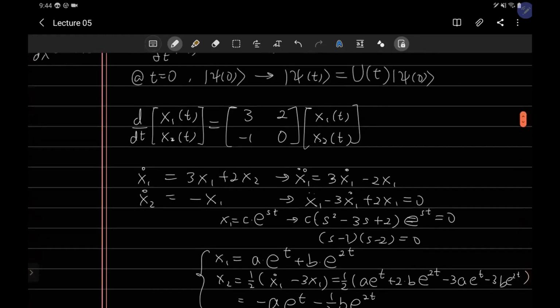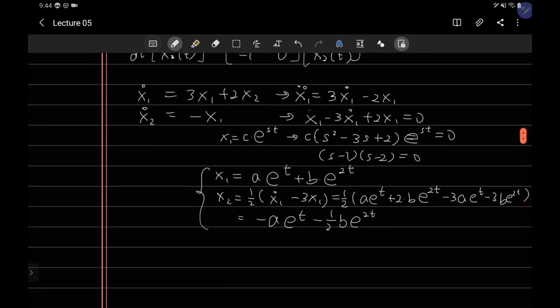Now we have to apply the initial condition. At time t equals 0, we would have this condition for x1, and for x2 we would also have some value, which is minus a minus 1 over 2 b.